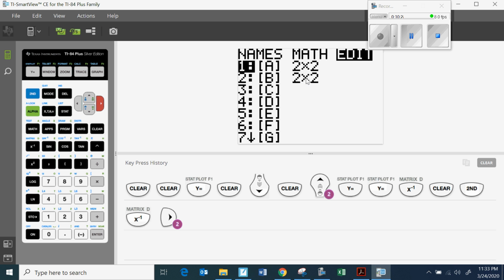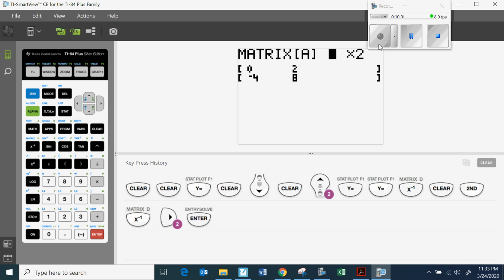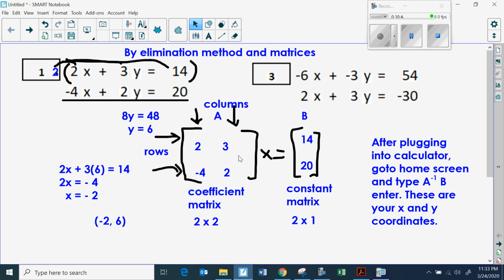These already have the correct dimensions, but if they didn't, we would need to change that. So enter, notice it has them correct, so we can just hit enter again. Enter, enter, now we just input those. Going back to the screen, what were our numbers? 2, 3, negative 4, 2. It goes across: 2, 3, negative 4, 2.